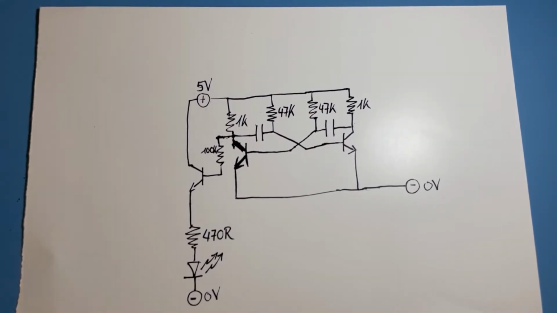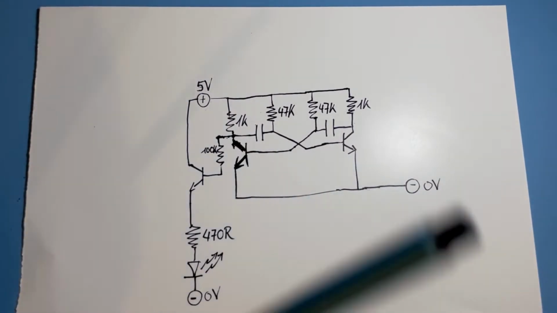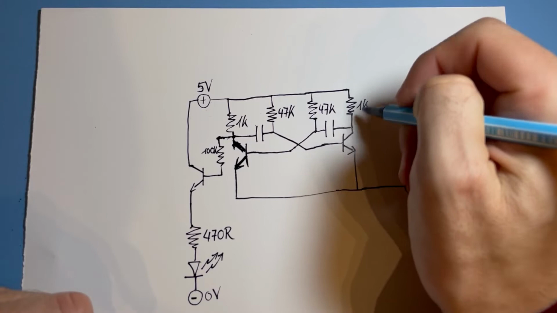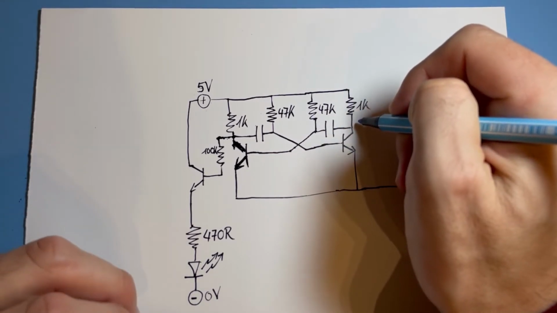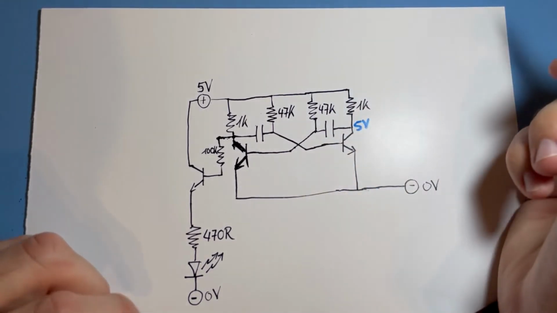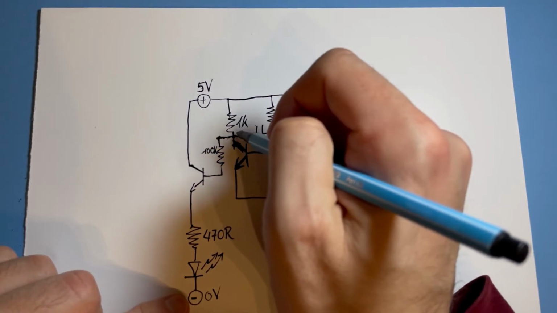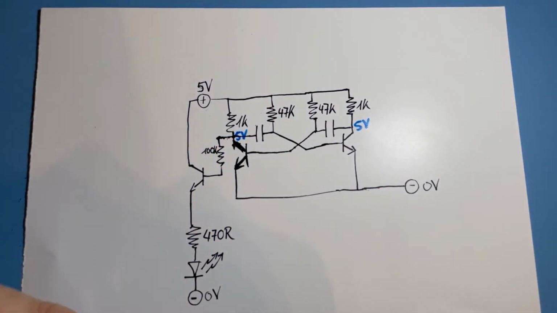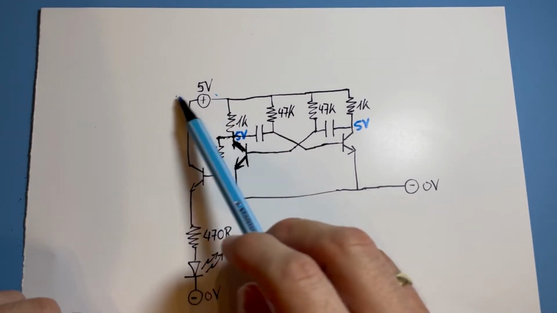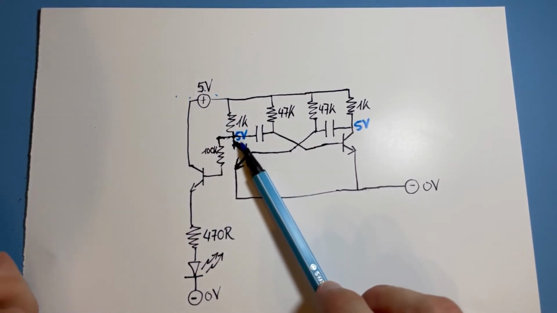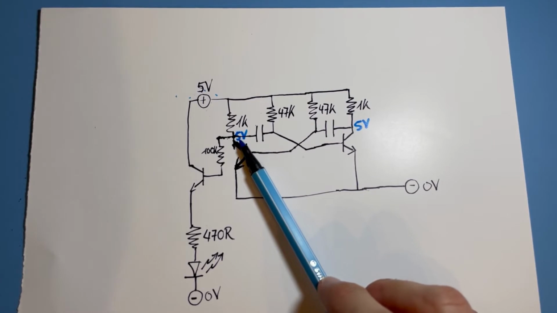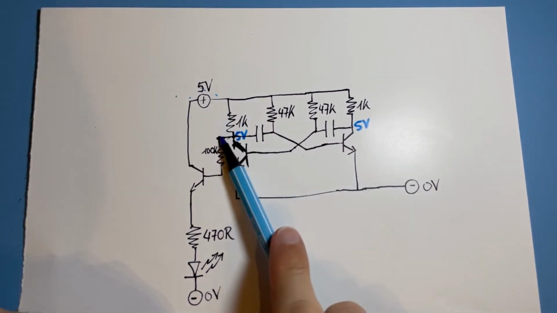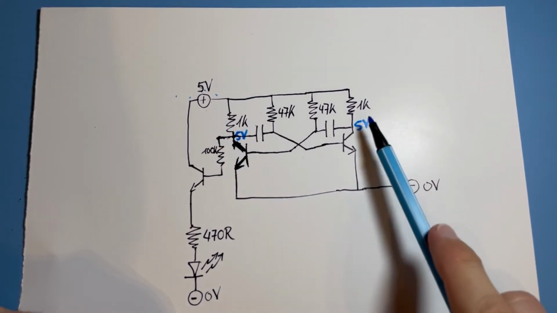I'll do that in color, I think. Let's start with the initial situation in light blue. So there will be 5 volts here, and 5 volts here, and after a very small amount of time, just imagine this disconnected for a while.